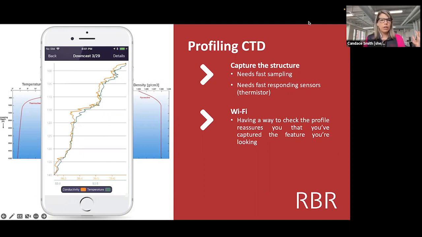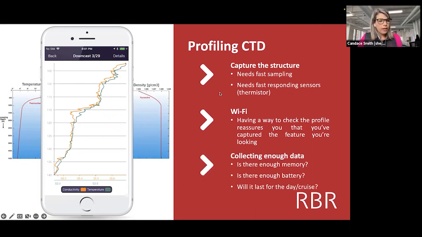Often we're doing these profiles to answer a science question. So if you're trying to get all the way to the bottom, or you're trying to go through the pycnocline with a fluorometer to see if there's a chlorophyll maximum there, all those things, it's just really nice to be able to check quickly that you got the data, right?